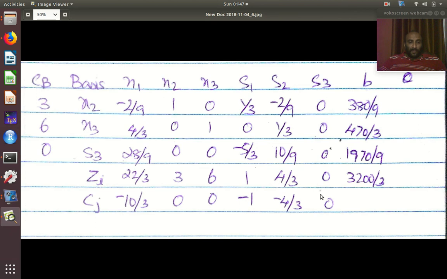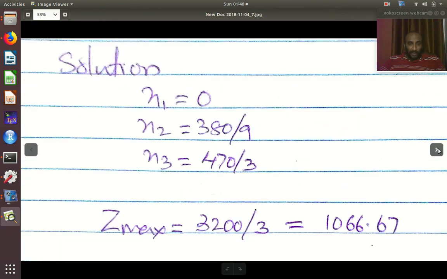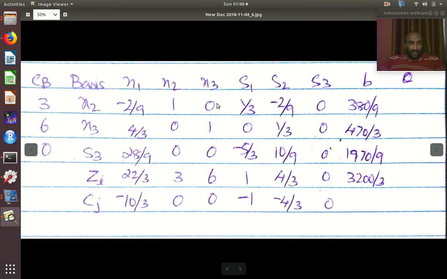And the corresponding value here, 3200 by 3, is the maximum Z value for this set of values. So we will have the final solution. x1 is 0, x2 is 380 by 9 and x3 is 470 by 3. x1 is not in this analysis, which means x1 is 0. Whatever is not here in this analysis is 0.